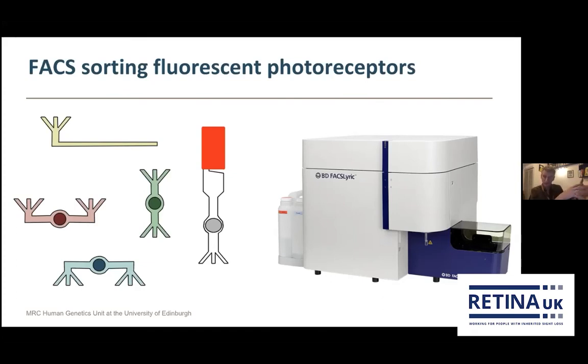I can then sort out just the photoreceptors, and get a population of photoreceptors of both RPGR mutant and wild type, and we can then submit those for bulk RNA sequencing to get a much deeper read, and a much better understanding of the changes in RNA that are occurring whenever these mice have mutations that cause RP.